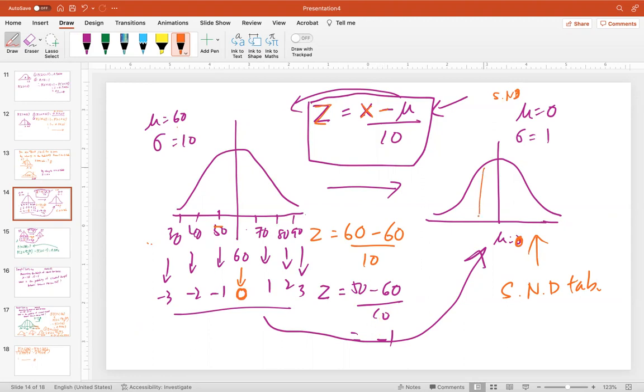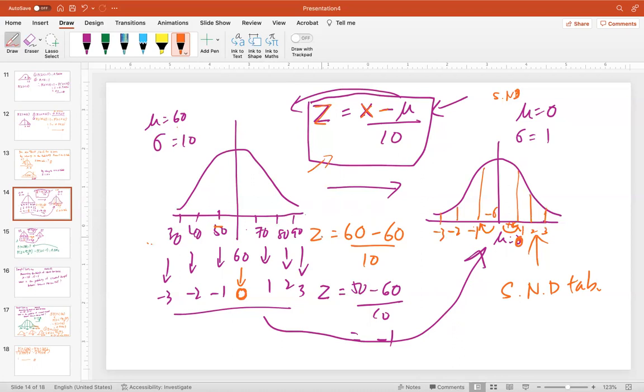Like I mentioned, this is the standard deviation, so this is minus one standard deviation. Because this one is 0, therefore this is negative 1. So when I use this equation, I can convert them into 0, 1, 2, 3. This is plus standard deviation. Your standard deviation is 1, and therefore this is 1, this is 2, this is 3. This is negative 2, this is negative 3.